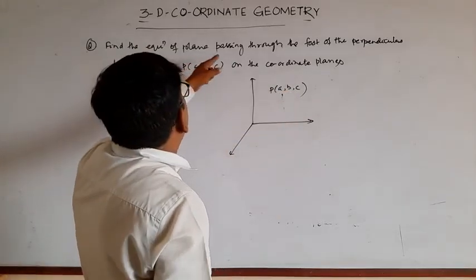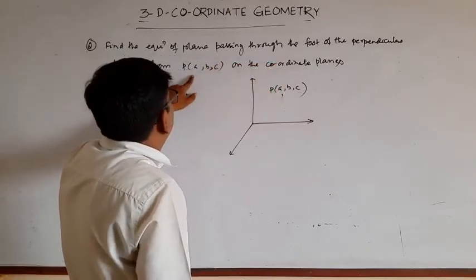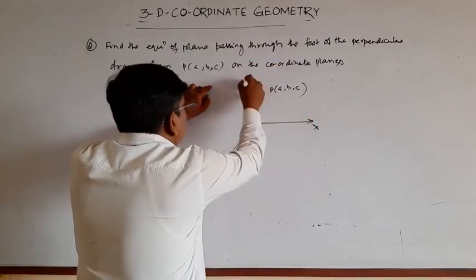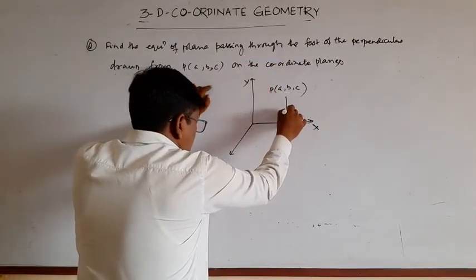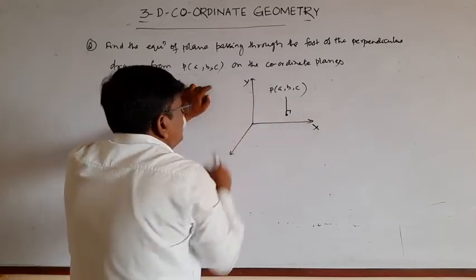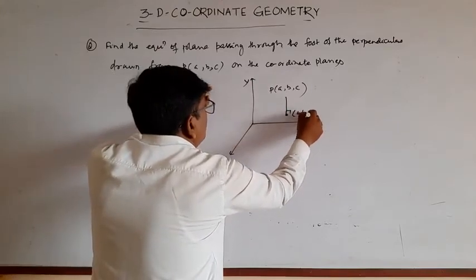On the xy plane, z coordinate 0, the foot is a, b, 0.